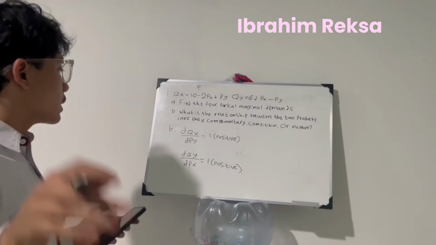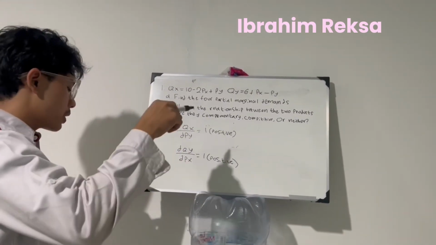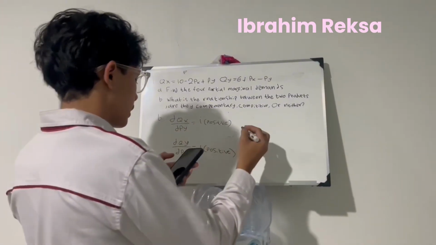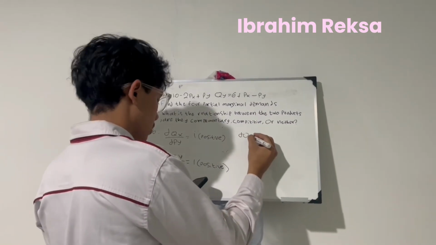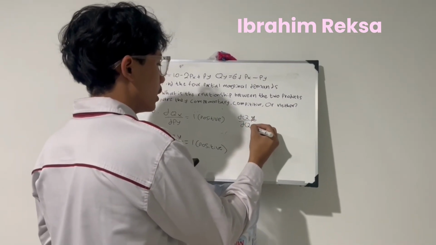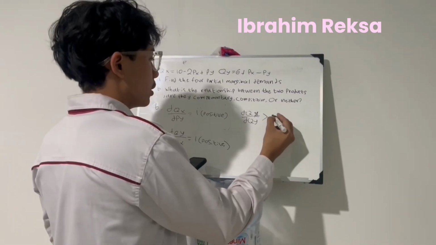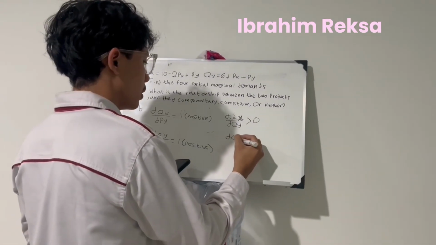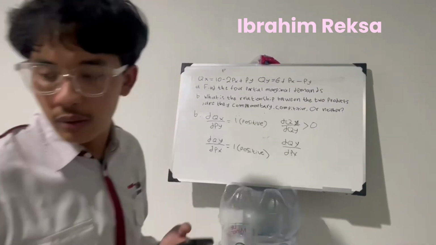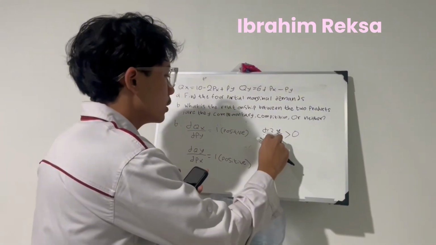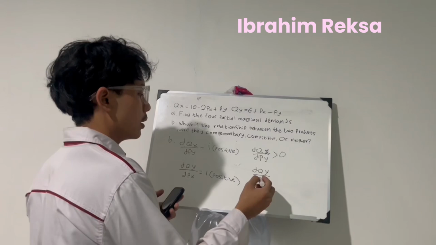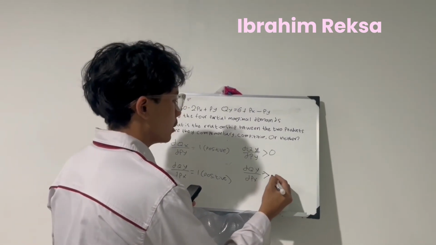So the conclusion is, since both cross partial derivatives here are positive, it means ∂QX/∂PY is more than 0 and ∂QY/∂PX is more than 0.